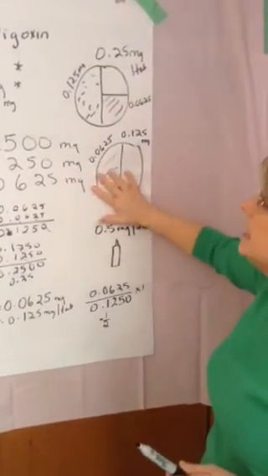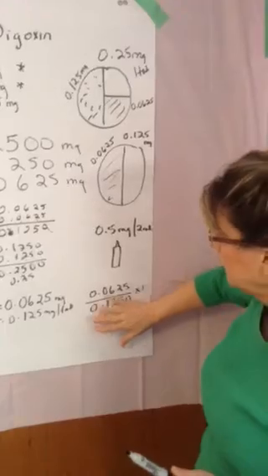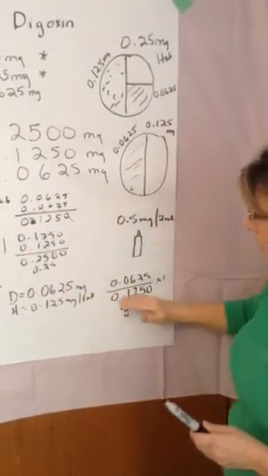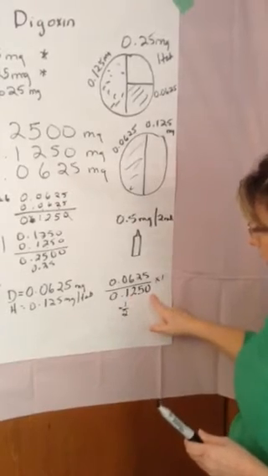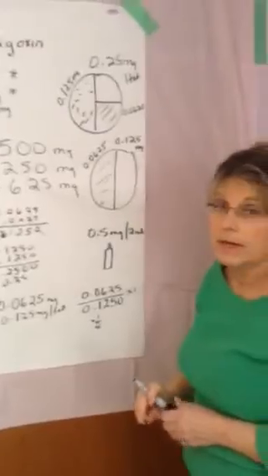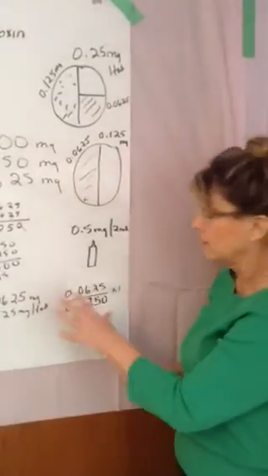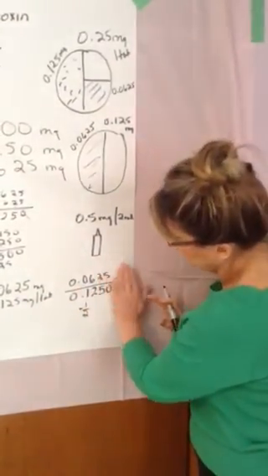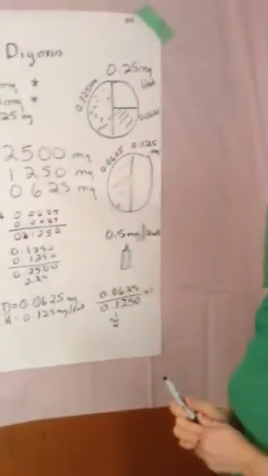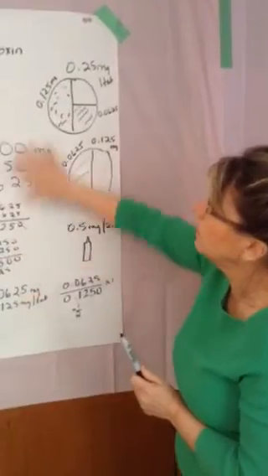So it would be a good idea to do a cue card. You can still check with your math, but it makes this so much easier than trying to divide 0.625 by 0.1250. And believe me, you can do it, but you're more apt to make a mistake than if you look at that and you go, oh yeah, I've got that memorized. I know that. And so I think this will help you with digoxin.